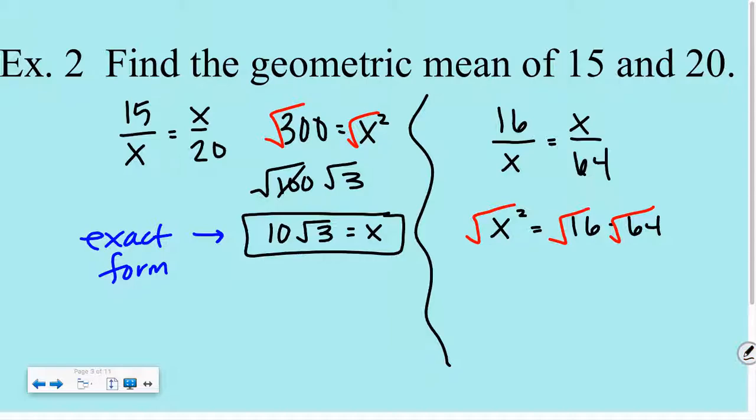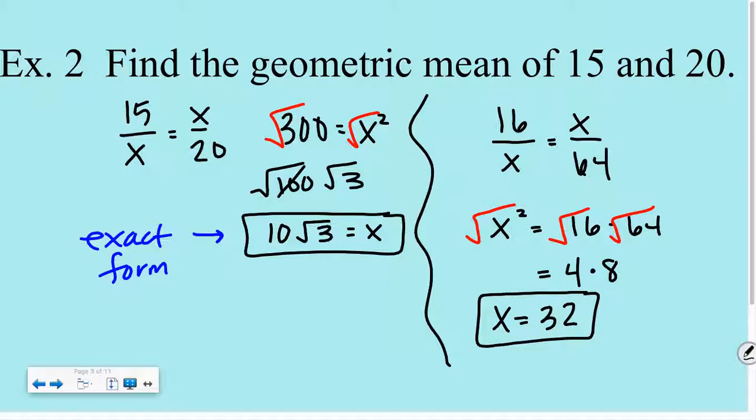What's the square root of 16? What's the square root of 64? What's 4 times 8? Is that what you got when you multiplied 16 times 64 and then took the square root of that giant number? Okay. So you don't necessarily have to use your calculator if they're perfect squares. You can just take the square root of them individually and then multiply them together.